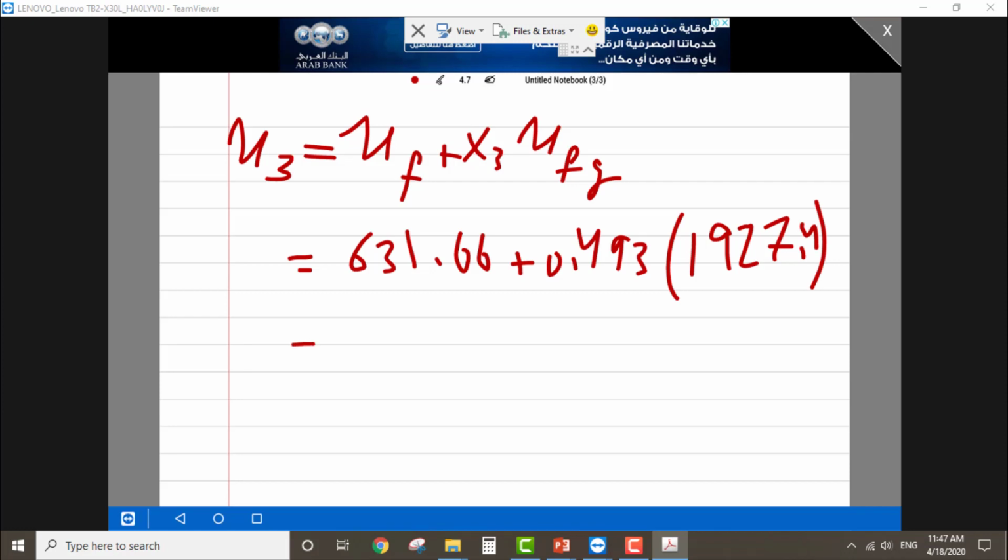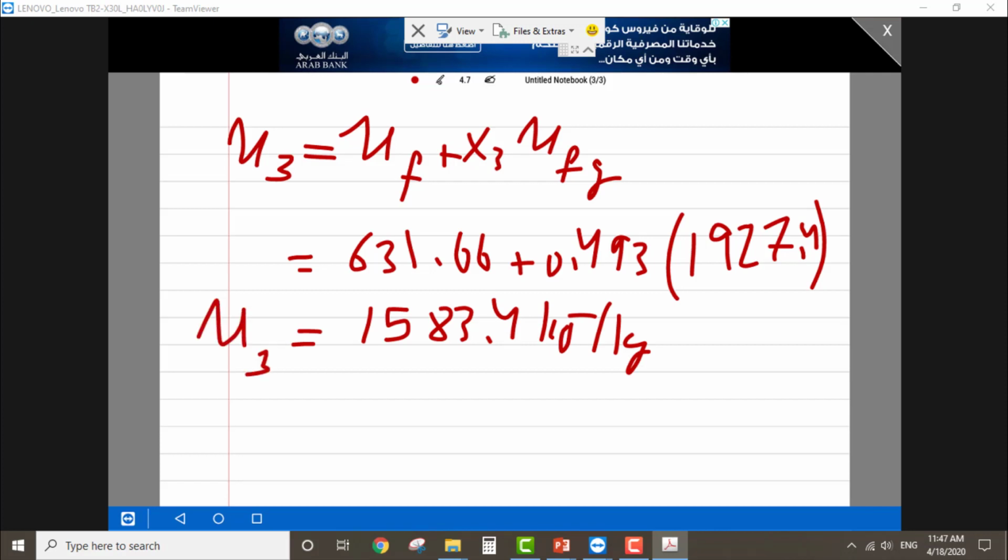I'll use my calculator. 1927.4 multiplied by 0.493 plus 631.66. So the answer is 1583.4 kilojoule per kilogram. So this is U3.